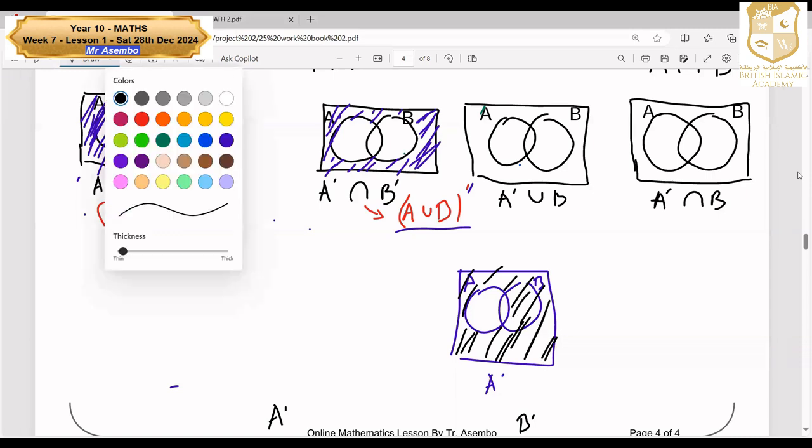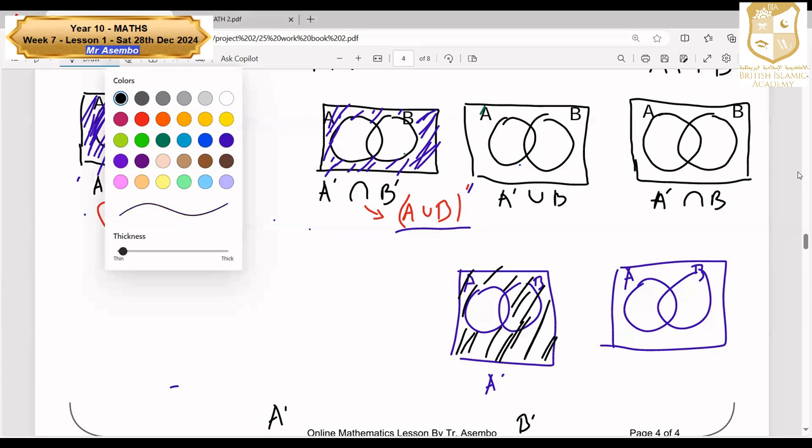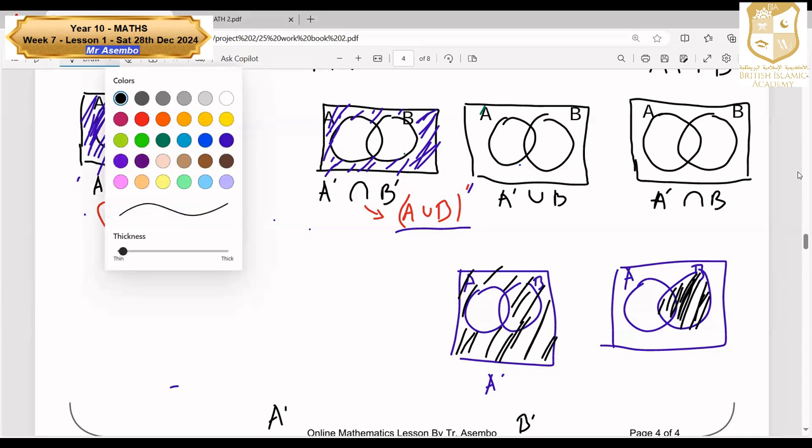Now let's go ahead and present set B, then we shade it. So this is set A and this is set B. How will set B look? It is this one here inside it. Then we check which part is being shaded in both. You realize it is these two parts which are being shaded in both.